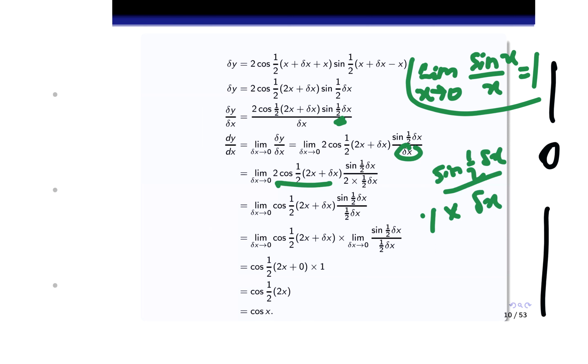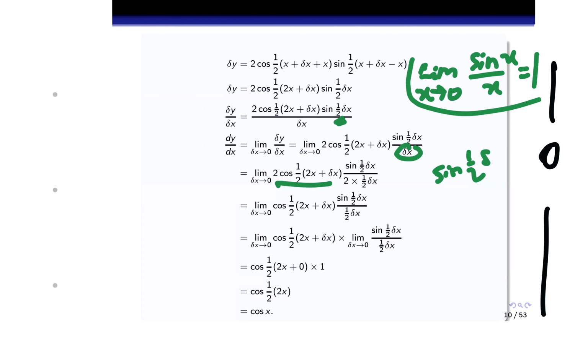So it's as good as multiplying by 1 if you say 2 times half. That's why you have 2 times half delta x here to balance that out, because you need half in front of delta x to follow the same rule: if you find the limit as delta x tends to 0 of sine half delta x over half delta x, you still get 1. So that's why we are doing that.